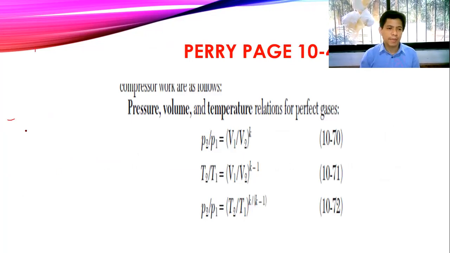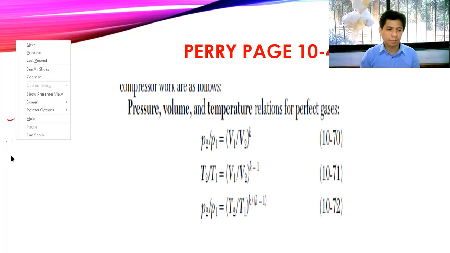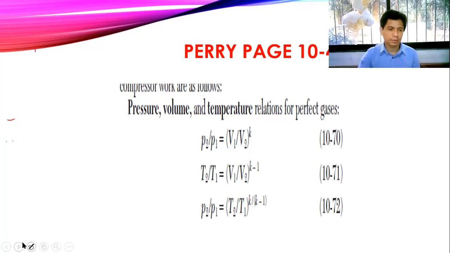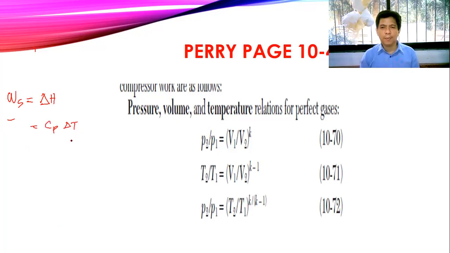basically, Ws is equal to delta H, and then delta H is basically Cp delta T. And then to find the final temperature, usually kasi pag may problem sa compressor, ang given yung initial pressure at saka yung initial temperature at saka yung final pressure.